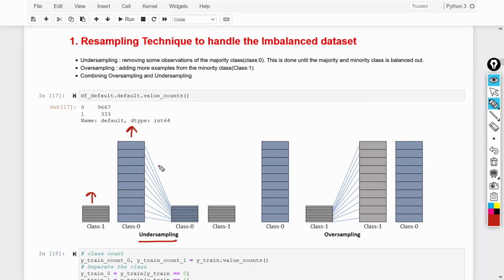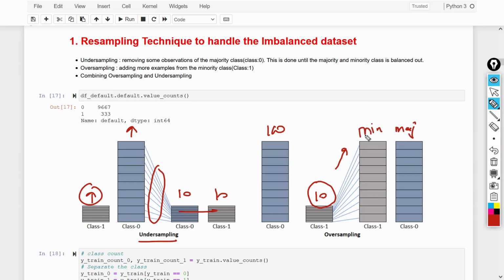We are removing samples in the majority class and trying to make it equal to the minority class, right? 10 and 10. Now 100 and 10. Here I am going to add some samples and try to make the minority class equal to the majority class. It means 100 and 100. This is the undersampling and this is the oversampling.